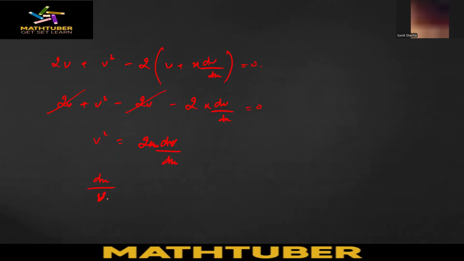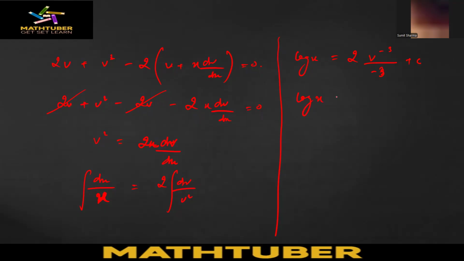So now you can separate the variables here, 2 into dv upon v square, and then integrate both the sides. So log x equal to 2 into v raised to power minus 3 upon minus 3 plus c.